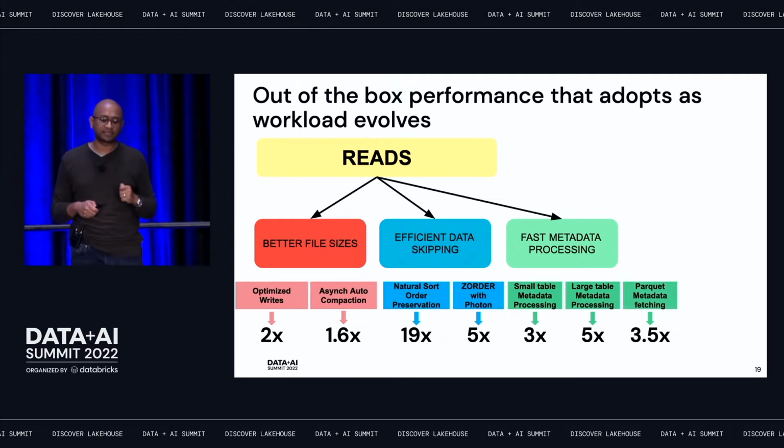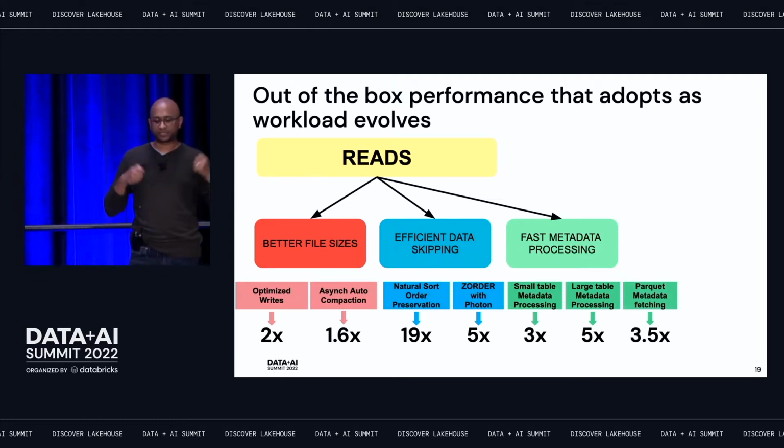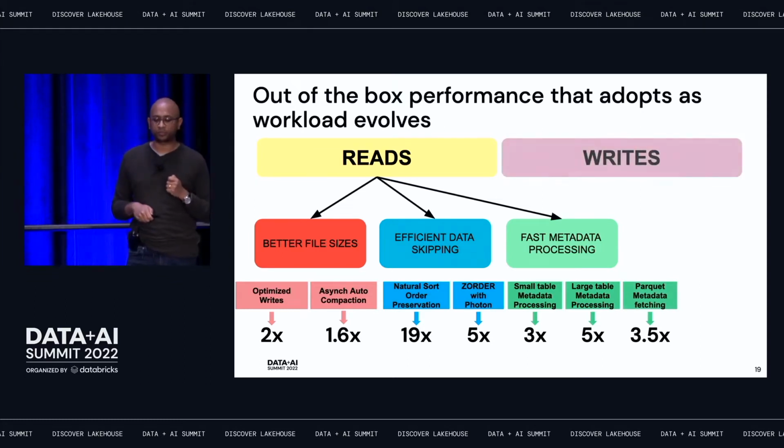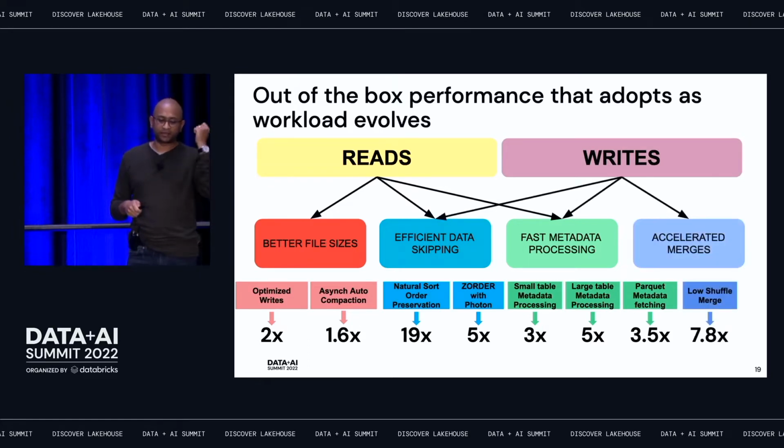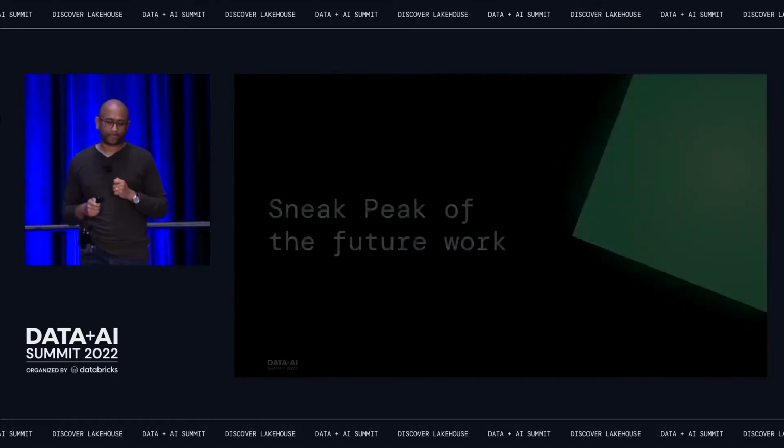And the last thing is Parquet metadata fetching, just reducing the number of API calls to make it super fast. And then lastly, accelerated merges with low shuffle merge.